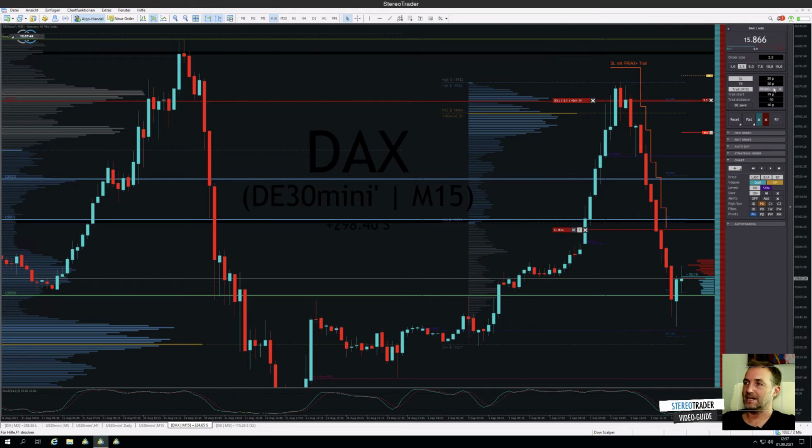But that doesn't necessarily mean that StereoTrader is waiting until the stop loss is hit. It's rather like this, and this is what the plus stands for in PRIAX plus: as soon as a new M15 bar is closed above the high of the last outside bar, it would also close the trade immediately.